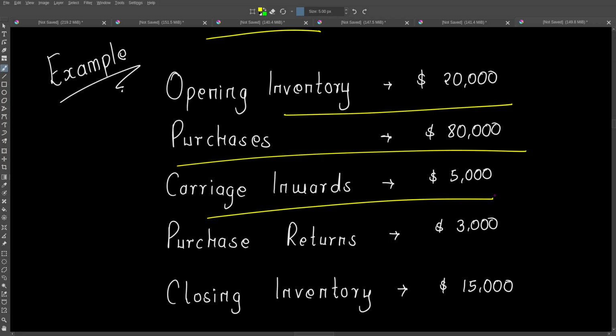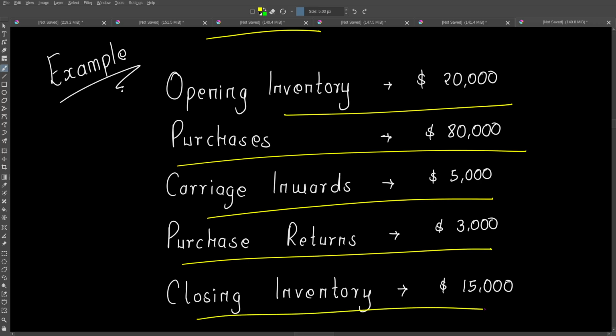Let's say you are importing them from outside the country, so you have the cost of getting them from that country to your warehouse. These are still included in the cost of sale. Then you less the purchase returns. Remember, if you had already recorded this purchase, then you need to remove it because you've returned it.